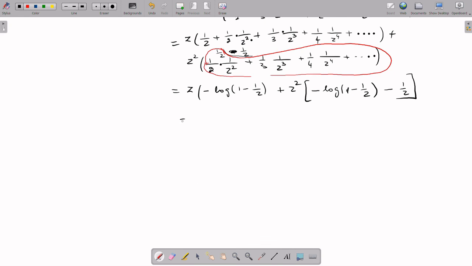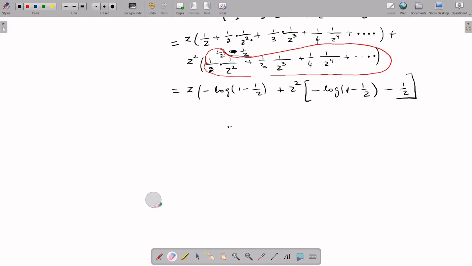Now this becomes minus Z into log of 1 minus 1 by Z. You can write like this, plus Z squared into, or you can take this minus outside, so it becomes minus. Or you can take this way also.